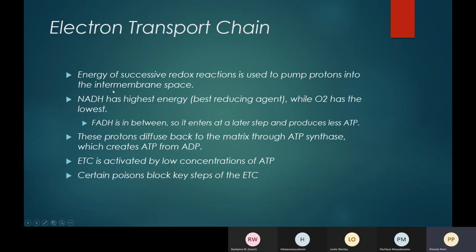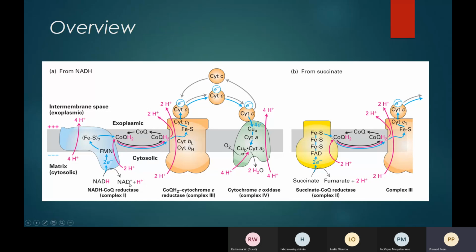Well, I summarize it here, but whenever we use NADH, so NADH is the better one, we start with complex 1, and then those electrons go down and down through gradually lower energy molecules until they go to complex 3 and then complex 4. Complex 4 is the site of the final electron acceptor.